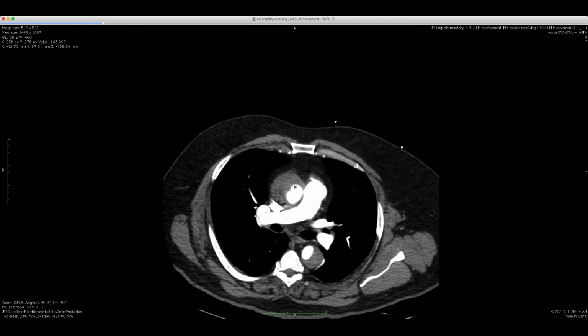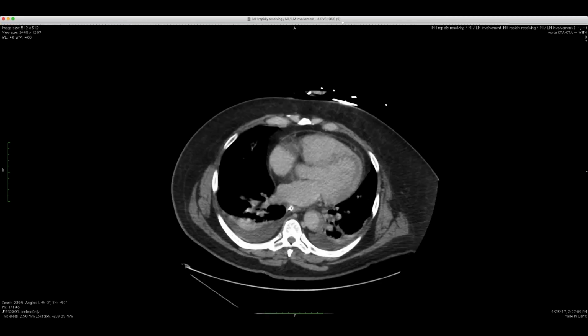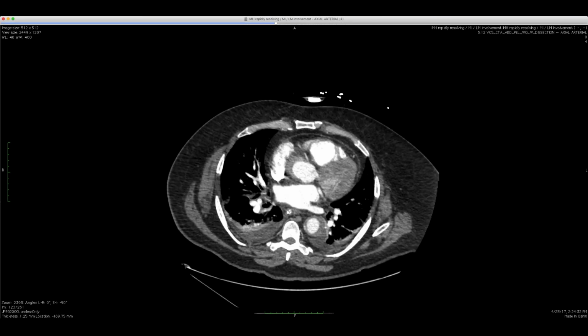I just find that hard to believe, because to go from this appearance, we're saying that this is the intimal flap right here, where this is the false lumen. Yes. And then we're going from that to, let me bring this up again, going from that to this.